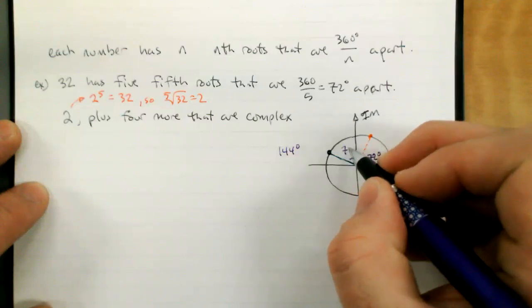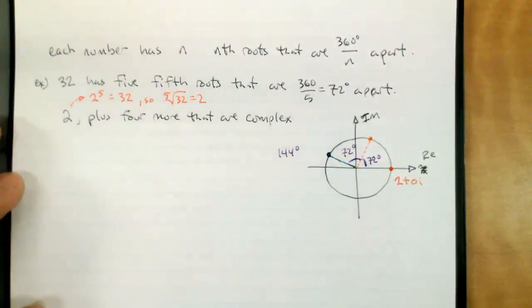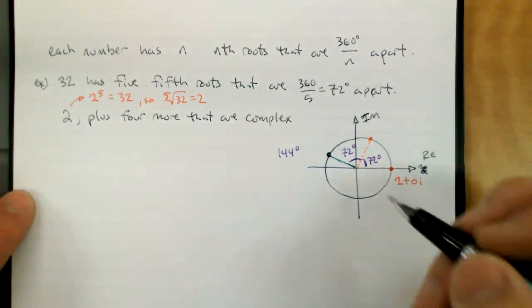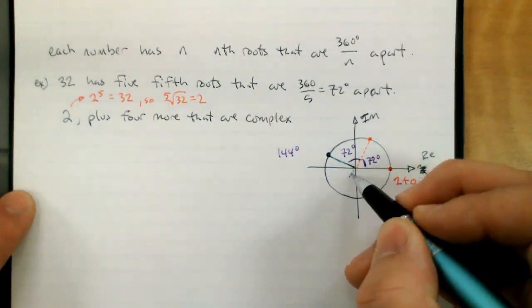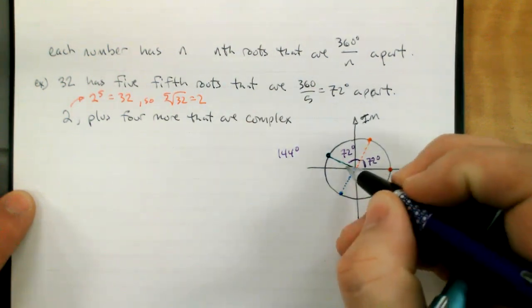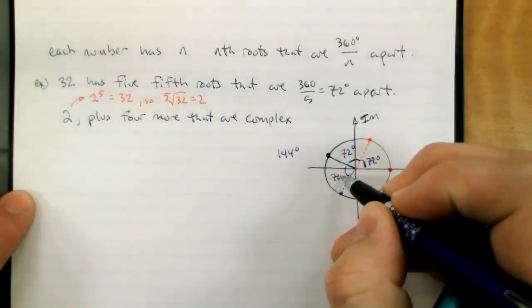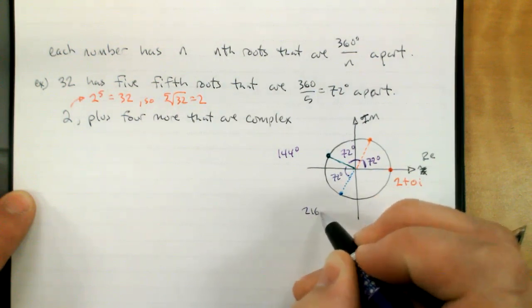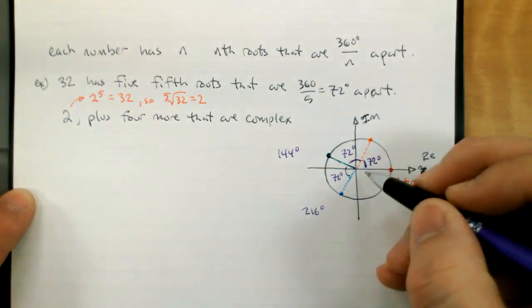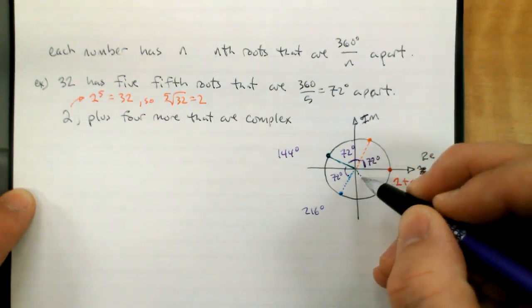Because they're 72 degrees apart, there'll be a third one 72 degrees later. So 210, 216. And there'll be another, a fourth one 72 degrees later.